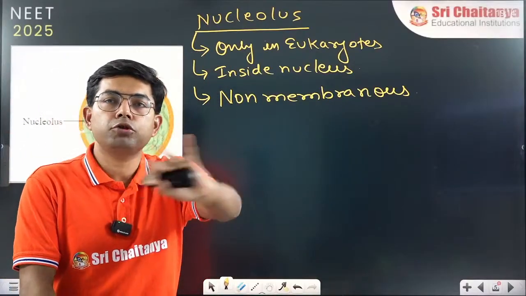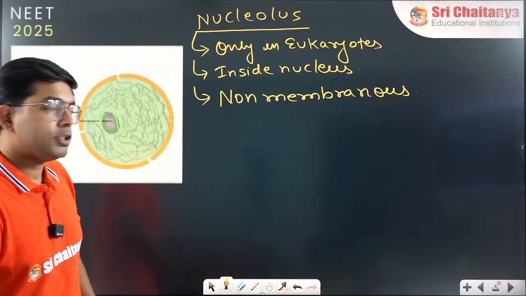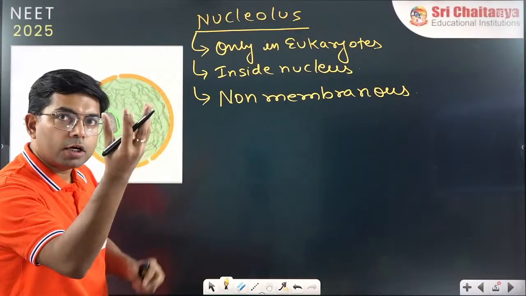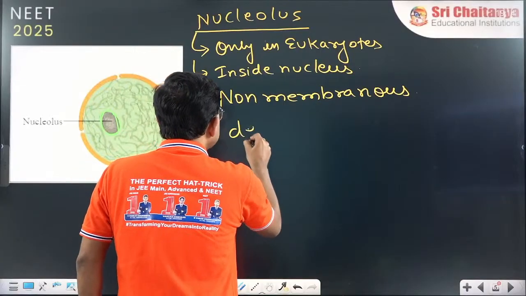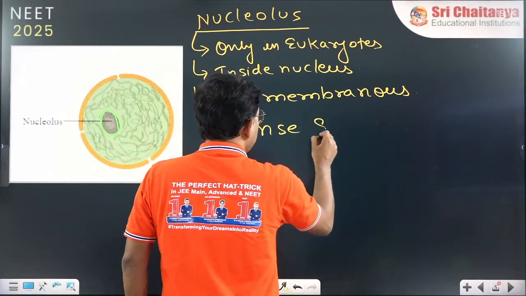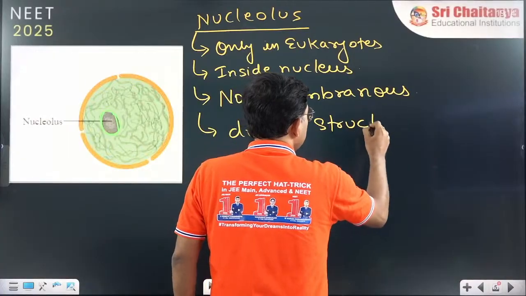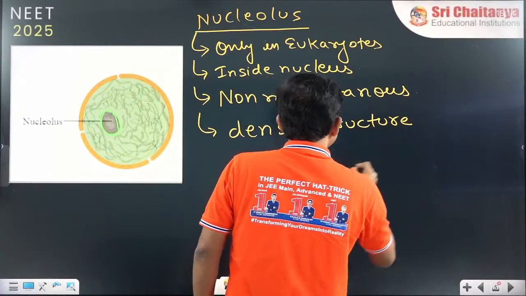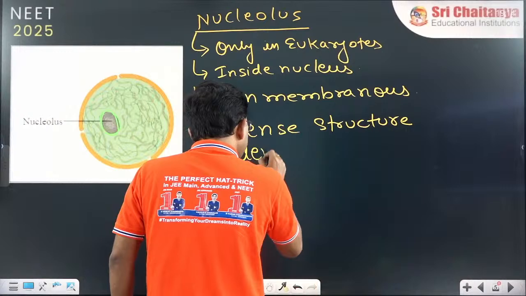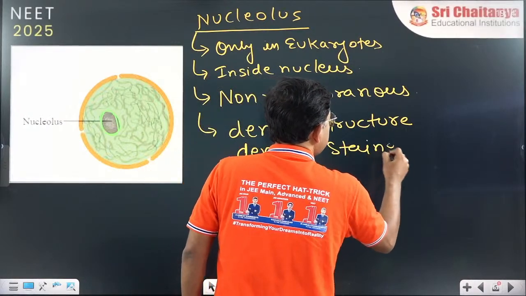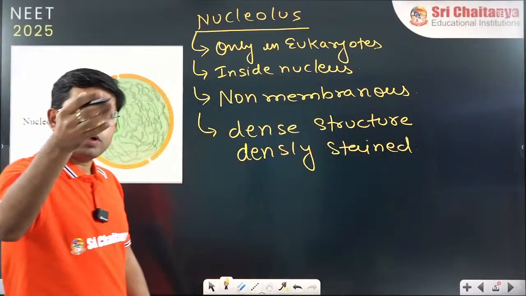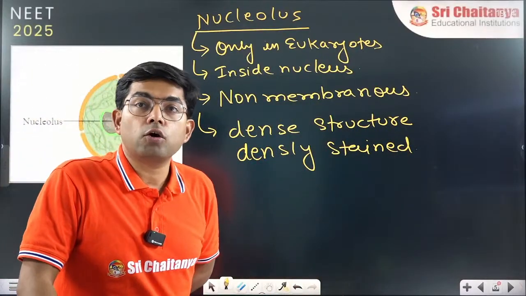Nucleolus is without membrane. Then the question comes, why does it appear a distinct structure? Because it is a dense structure, and it is densely stained also. Then the question comes into your mind, what is the role?